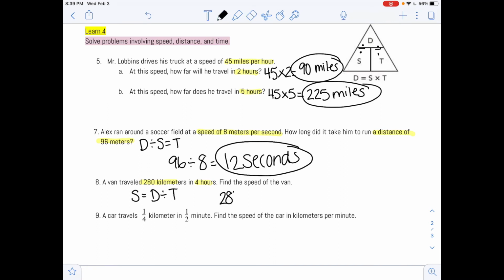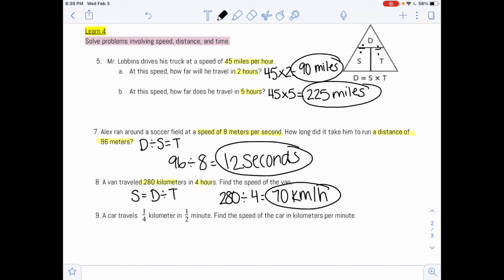So 280 divided by 4 gives me 70 kilometers per hour. If we take a look at what speed really is, speed is a perfect example of a real-life unit rate where we're comparing a distance per 1 unit of time.